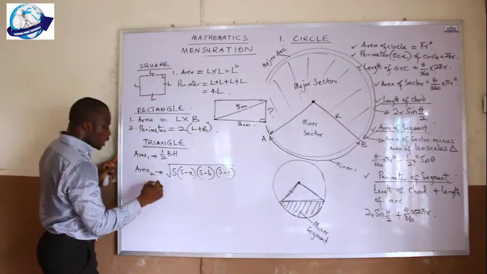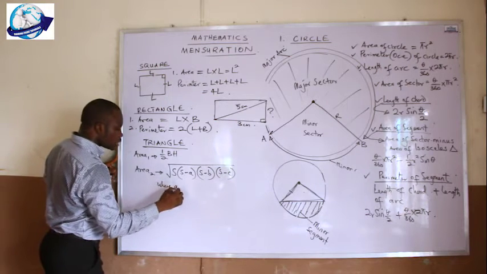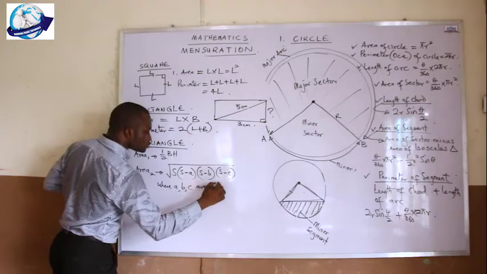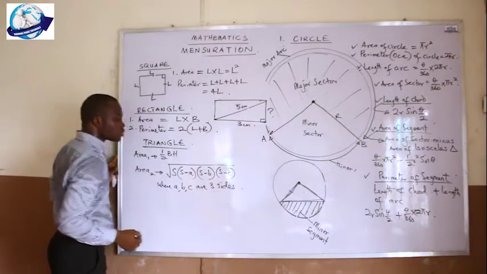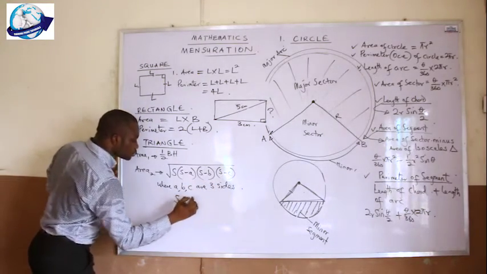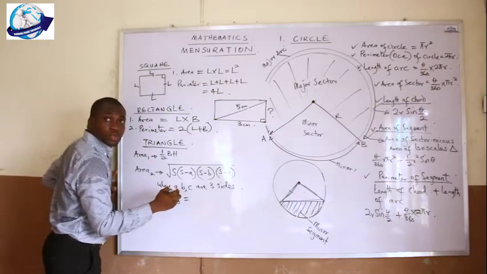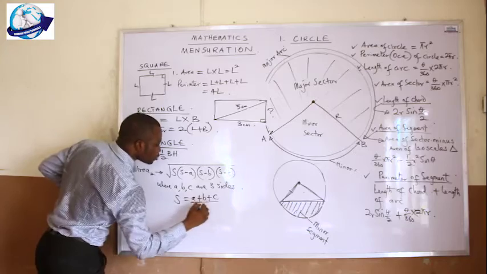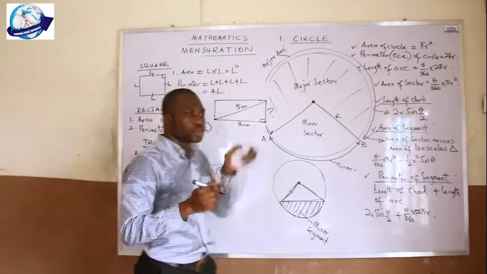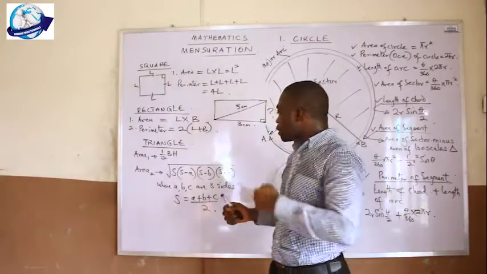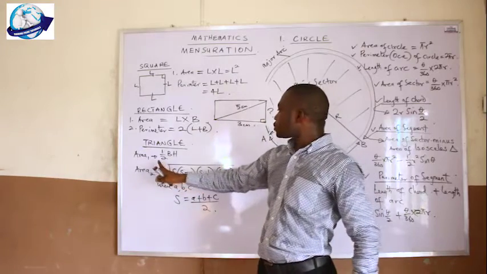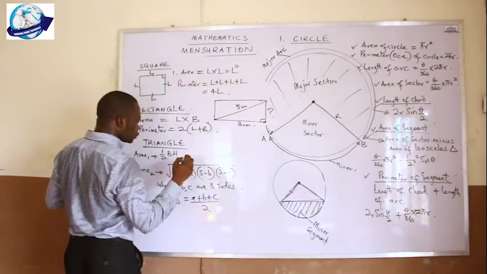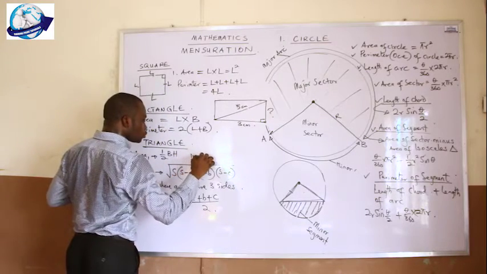Where a, b, and c are the 3 sides of the triangle, and S is a plus b plus c divided by 2, the semi-perimeter. So we can use Hero's formula to calculate the area of a triangle.